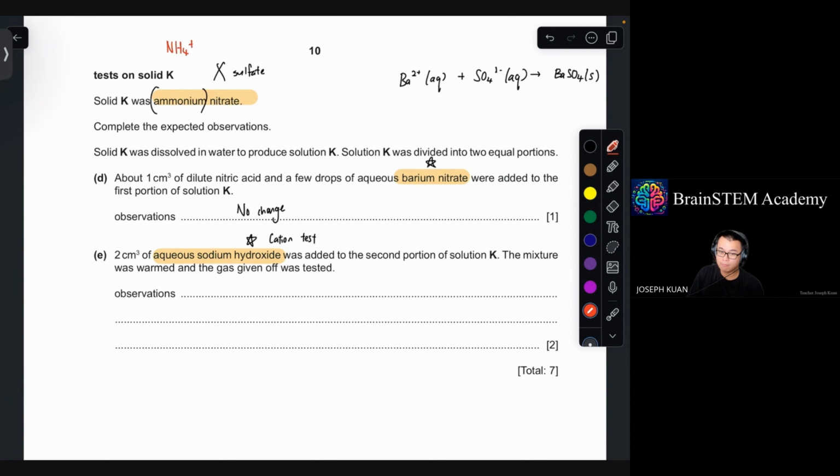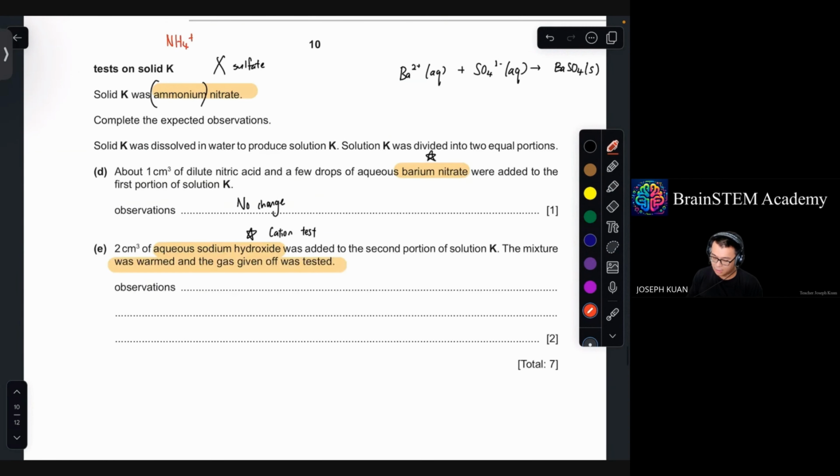So how does ammonium react with sodium hydroxide? You can refer back to your booklet for the experimental results. But hold on just a minute. This question also asks for warming of the mixture and testing the gas given off.